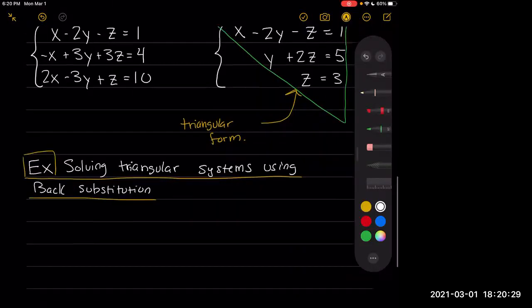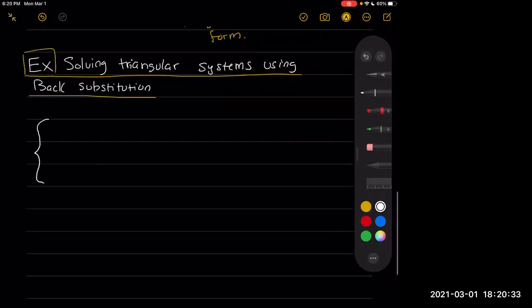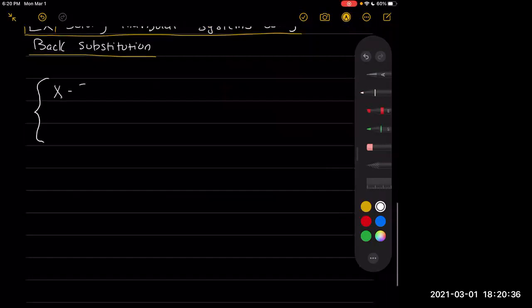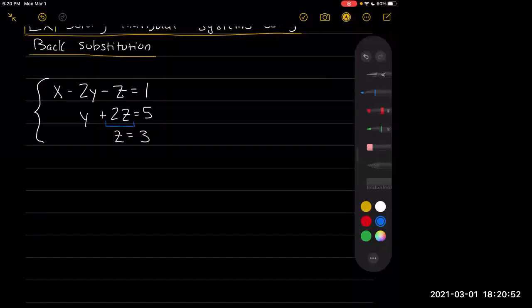So if we look at this system that we have, I'm going to rewrite it, so don't worry. We have x minus 2y minus z equals 1, y plus 2z equals 5, and z equals 3. And you might notice that I like to put a line through my z's to differentiate them from my 2's.